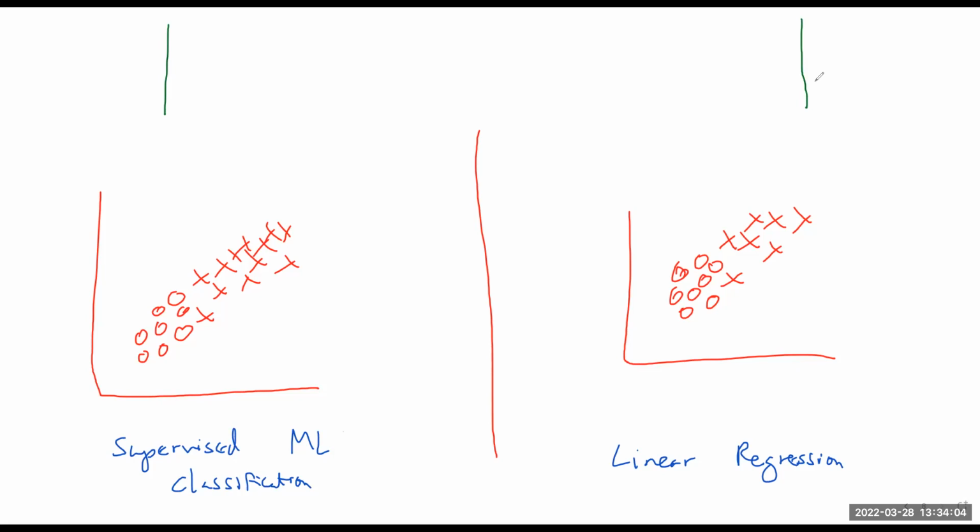Why? For classification, which line do I want? I want to separate the zeros from the x's, right? So probably imagine that's a straight line. That's the line that I want. Okay?